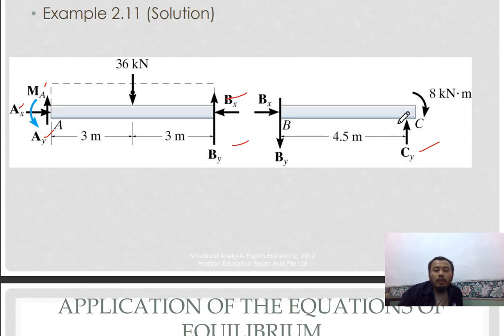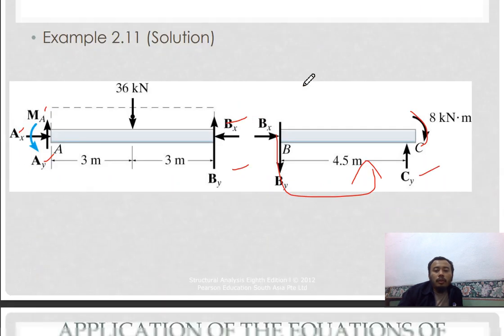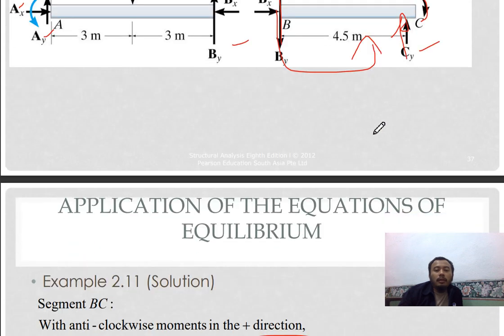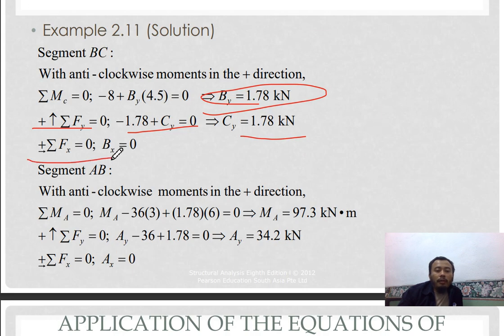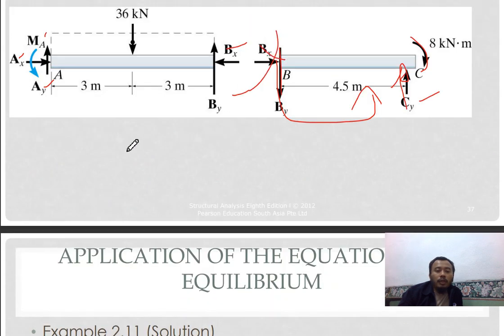So in BC you have 8 clockwise, By times the arm is anti-clockwise, so positive, so you get your By as 1.78. And then for Fy you get your Cy, which is 1.78 also, because you already know By, then you can get your Cy. Then for Fx, your Bx is equal to 0, so easy, and remove this from the equation.